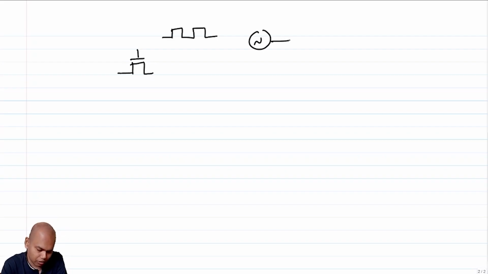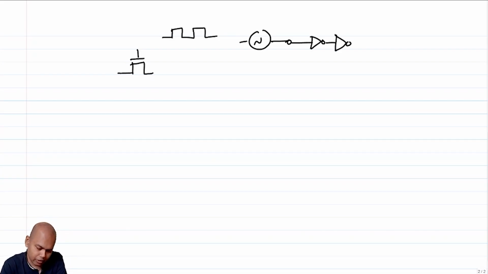And the point that I'm trying to make here is, how do you get these square wave clocks? These are normally fed from some sort of oscillator, and the output of the oscillator you buffer by a set of inverters, right?